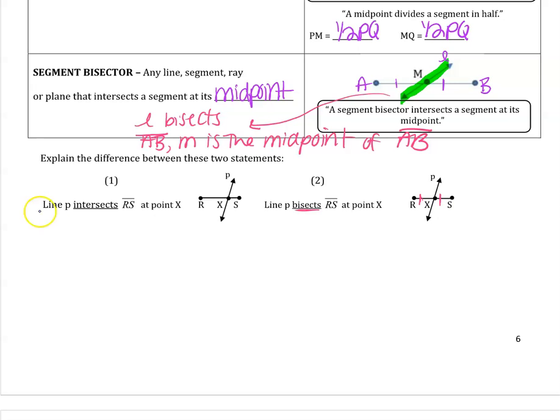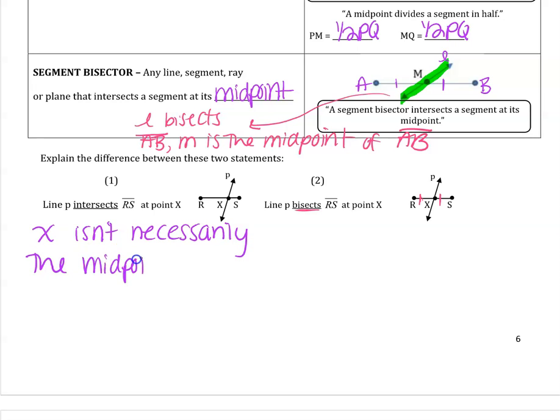Okay, so if line P intersects at point X, X isn't necessarily the midpoint of RS. It could be, but we wouldn't have enough information to make that determination at this point.